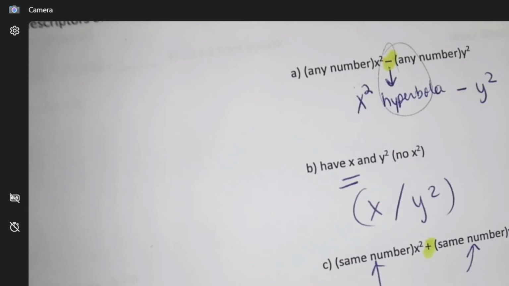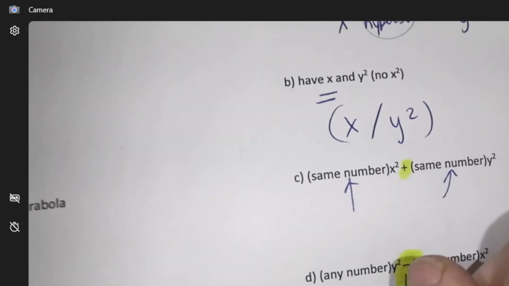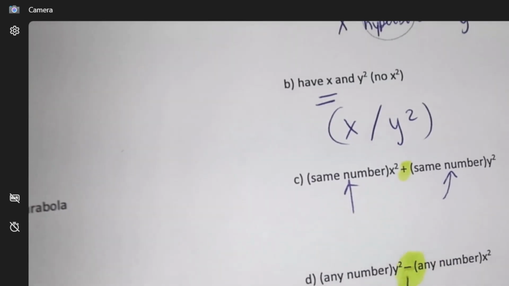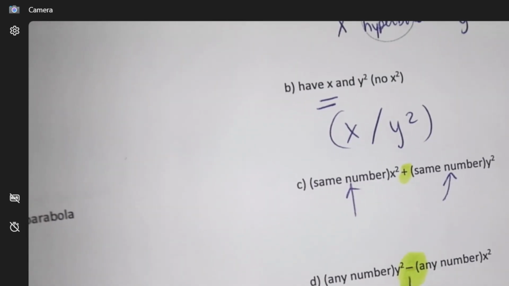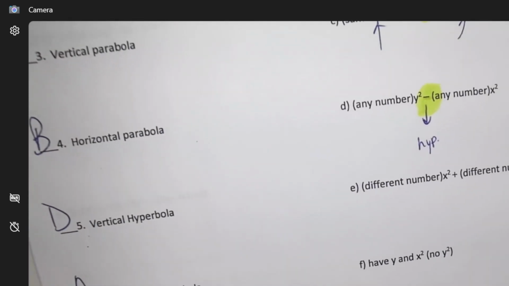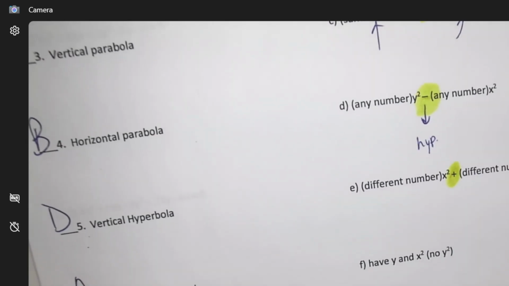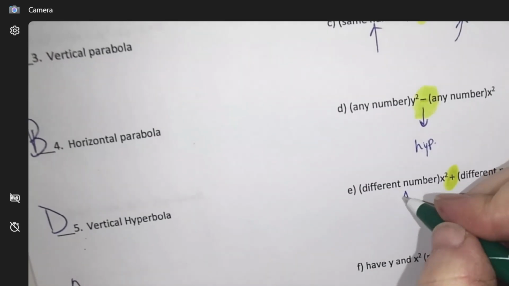What does the next one, D? What does it mean when there's a subtract? Hyperbola. But there's a y squared to start positive, so it's a vertical hyperbola. You're going to add, but these numbers are different.